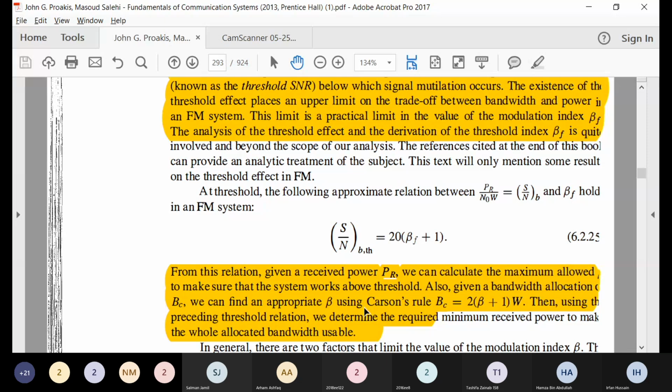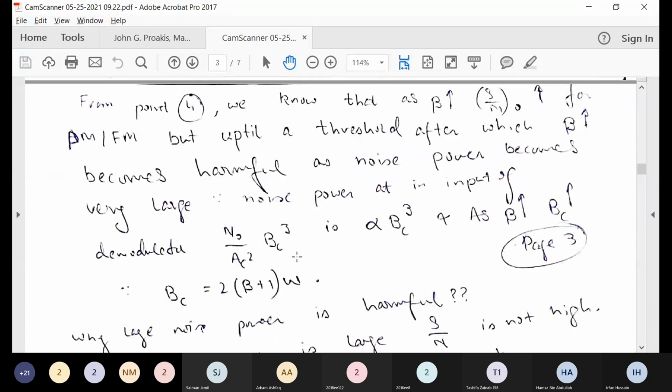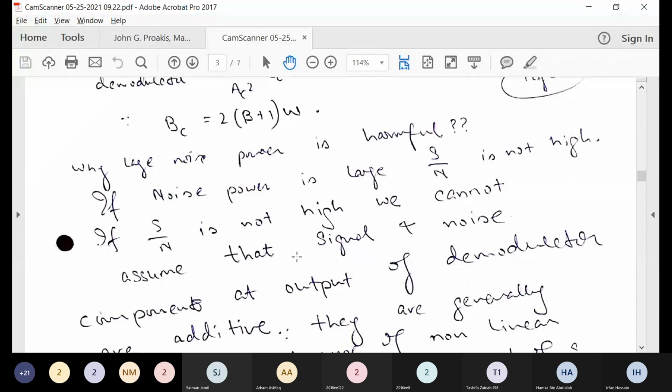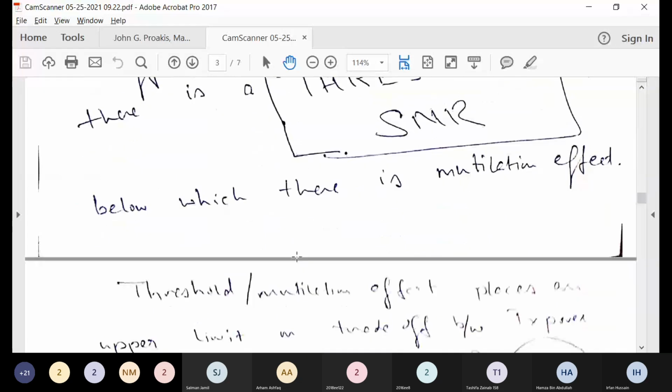For example, if I am given the value of PR, all right, so let's also see in the notes here.